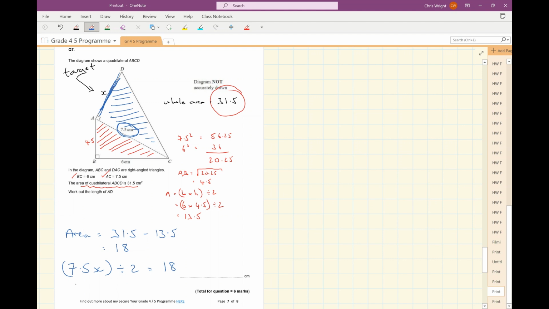So that means if I multiply both sides by 2, that 7.5x is equal to 36. So x is equal to 36 divided by 7.5. X is equal to 4.8. And that is question 7 done.